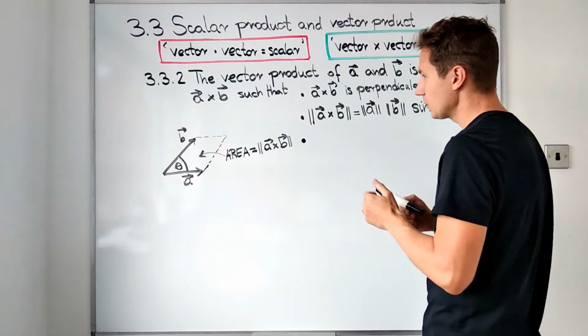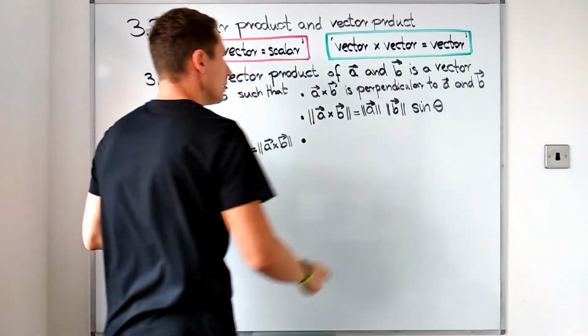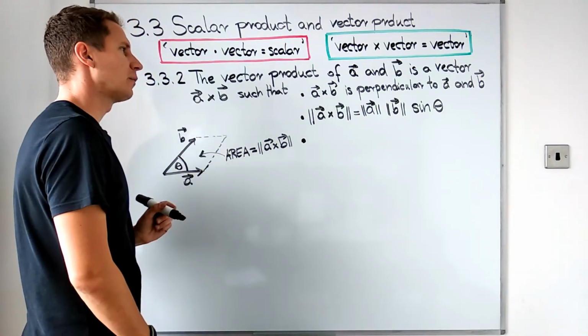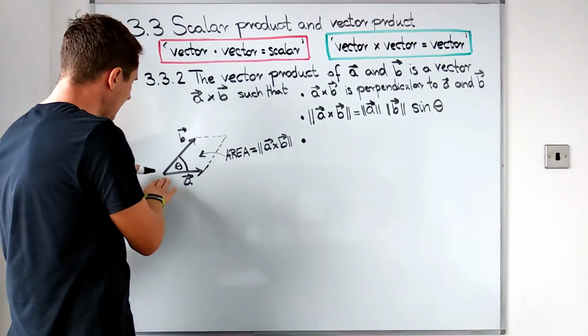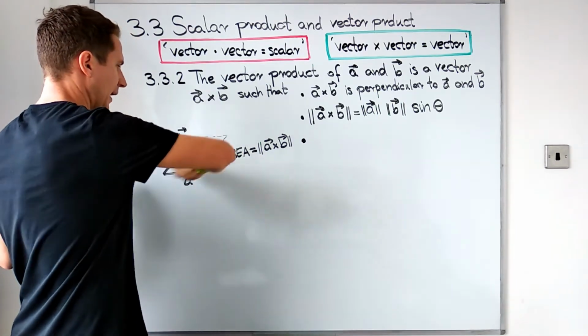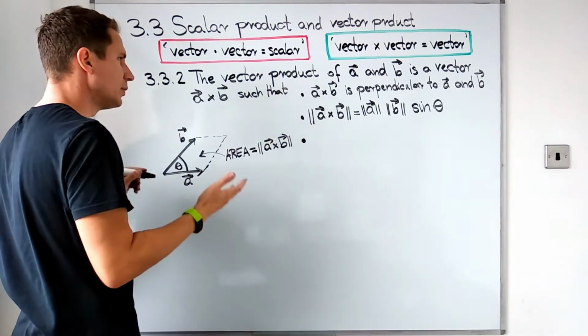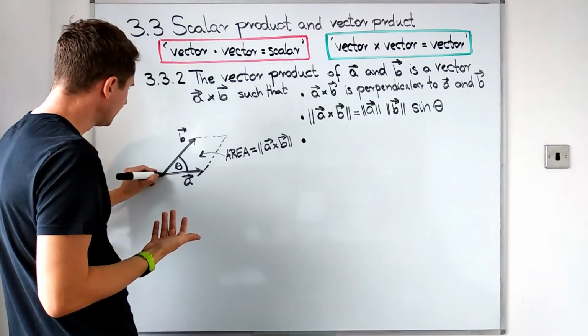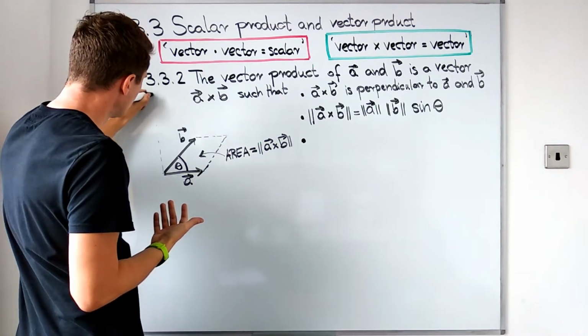For the last condition, for the vector product of two vectors, we have to have an extra condition. Let's think about the first condition, which says that A cross B should be perpendicular to both A and B. If A and B span a plane, then A cross B should be along the line that is perpendicular to that plane.